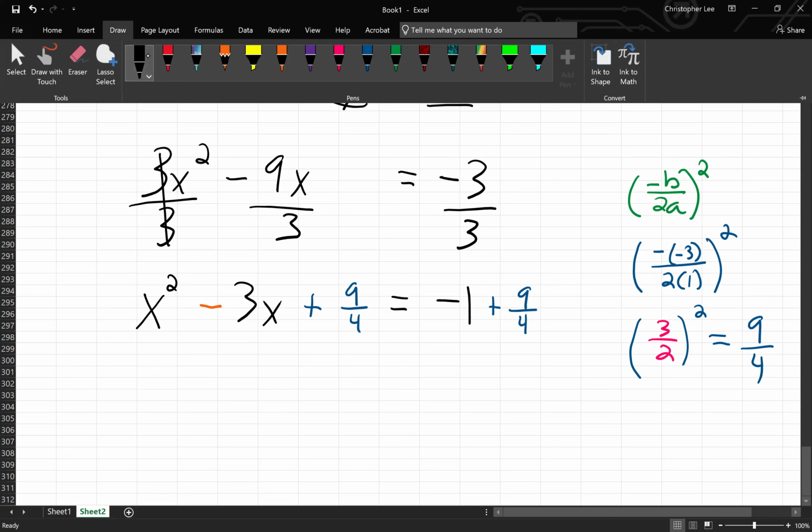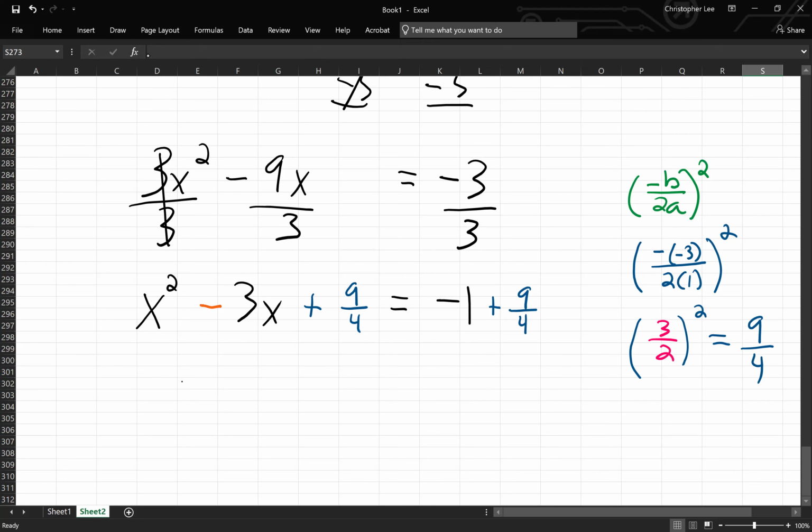So now, on my left-hand side, I have x squared minus 3x plus 9 over 4. I want to factor that. Tell me what I'm going to write in there. I'll give you a hint. The first letter is x. What goes next to it? Minus. Okay, good.